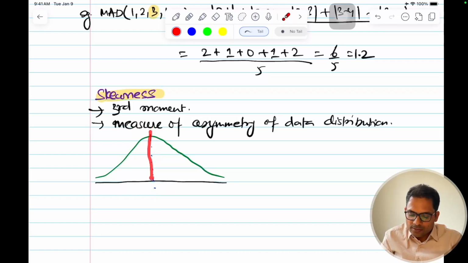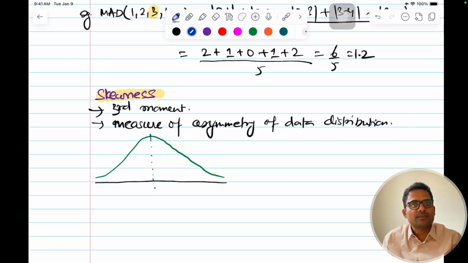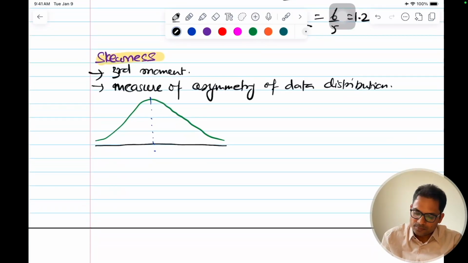Variance or standard deviation captures whether the data is close to the mean or spread out, far from the mean. That's what the distance measures. But whether the data is asymmetric or not, none of those metrics measure that. If I want to measure whether my data is asymmetric in any direction, then skewness measures that. For example, if my data is right skewed or left skewed.